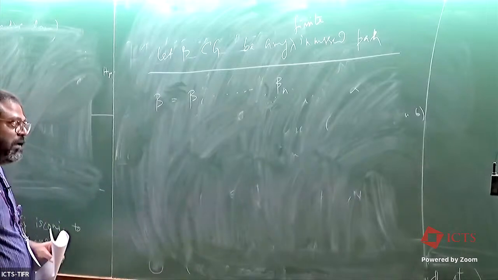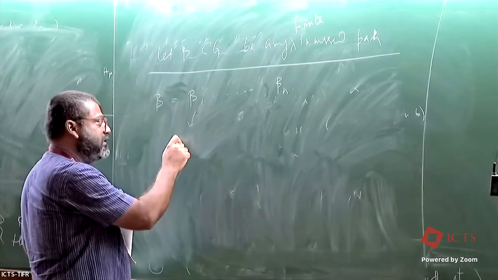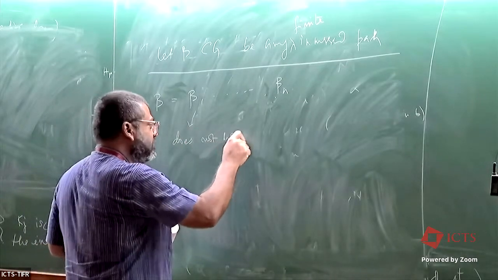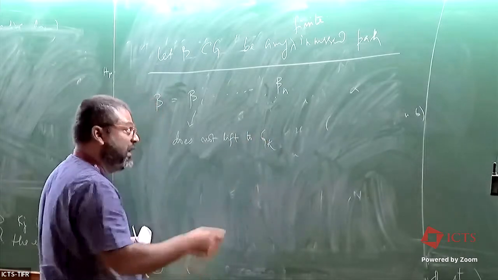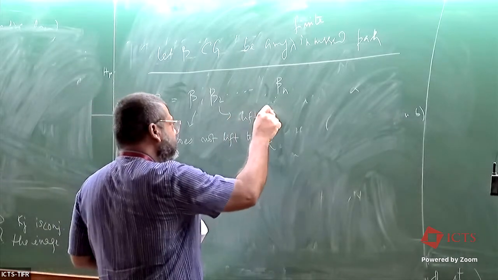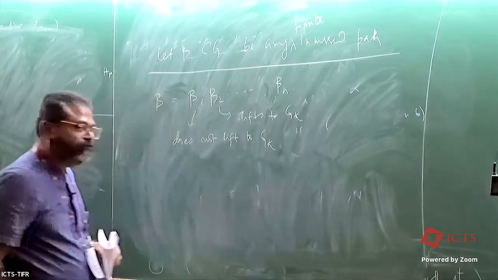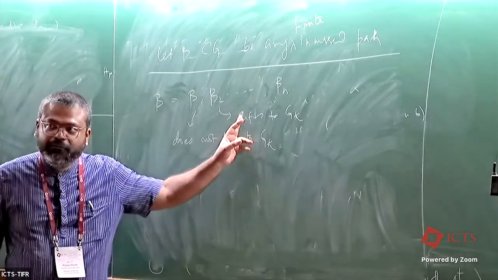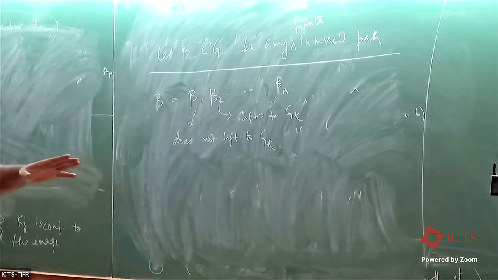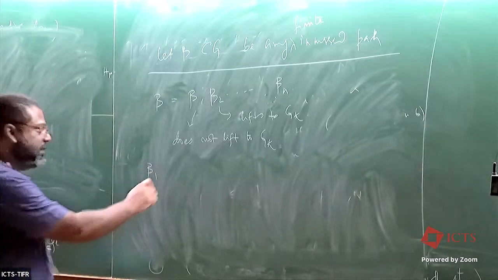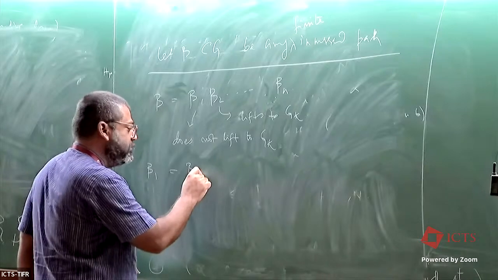You write a decomposition so that this is a path that does not lift to GK, and maybe let me write beta 2, a path that lifts to GK. These are the paths that we are going to ignore. If you are lifting to GK, essentially the idea is you are being coned off. Now let's look at beta 1. If it does not lift to GK, you write it as a decomposition like this.